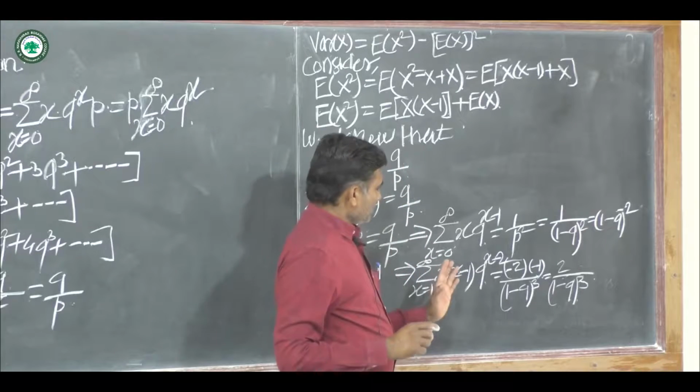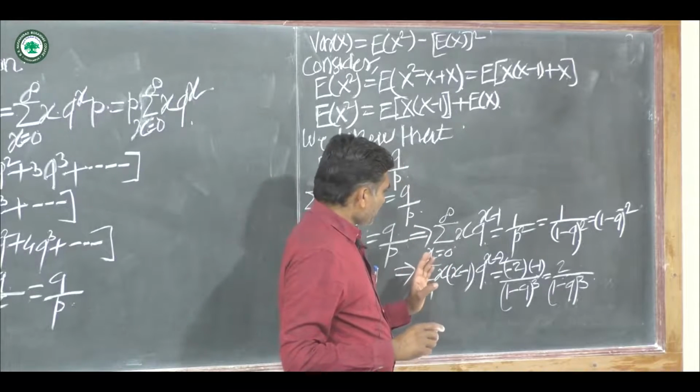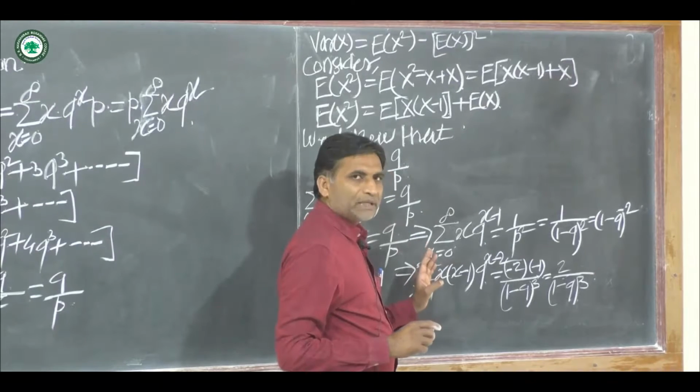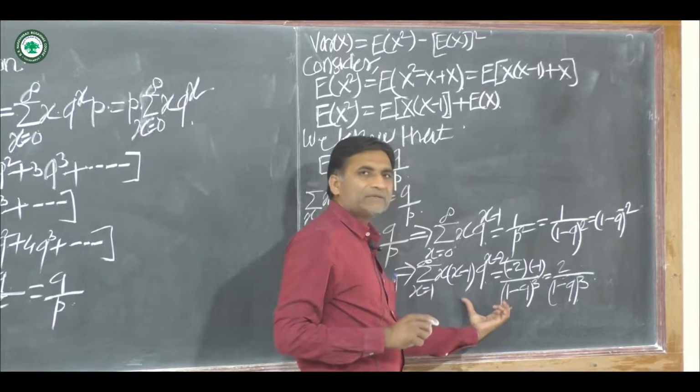Now we divide q square into p on both sides of this equation.